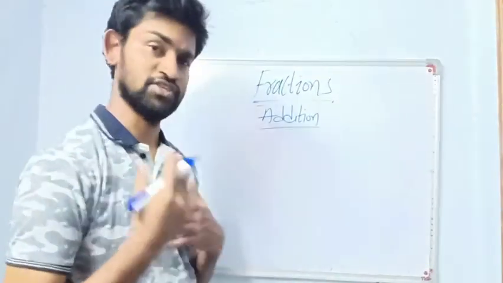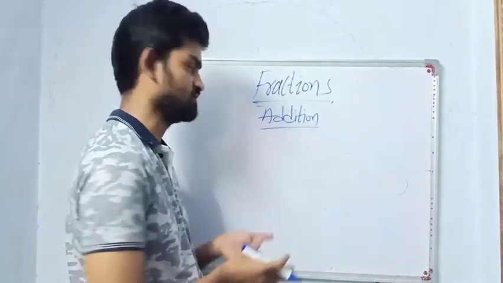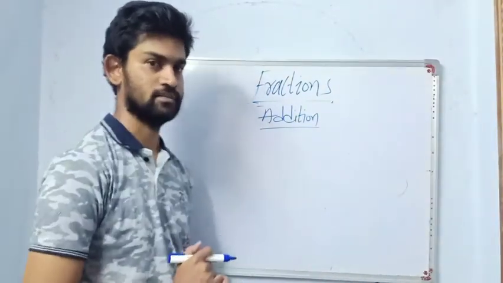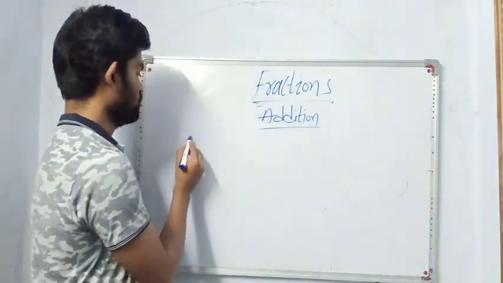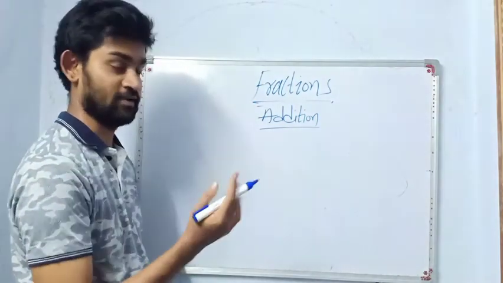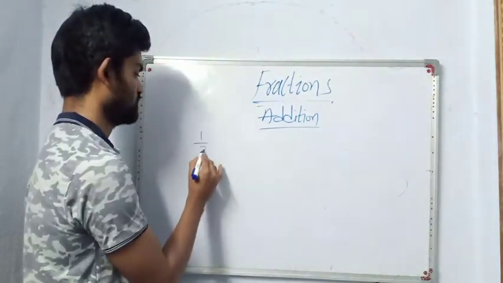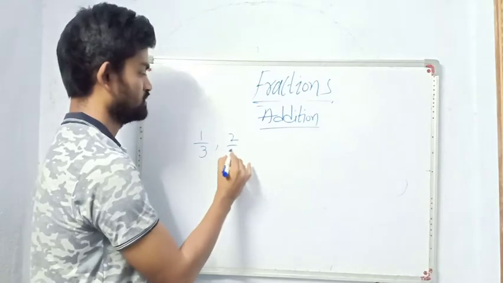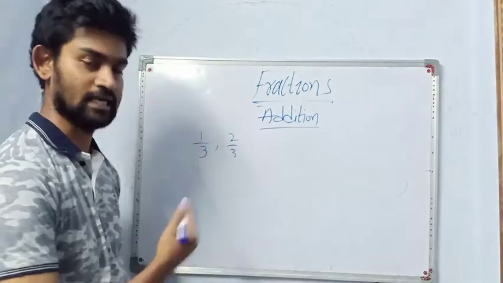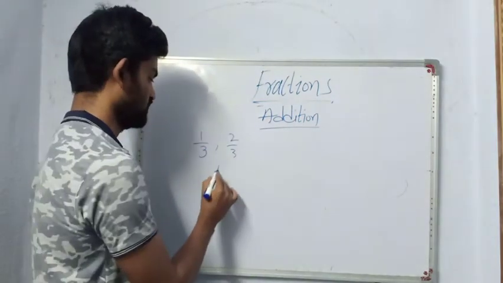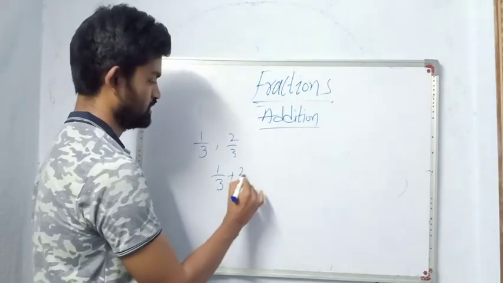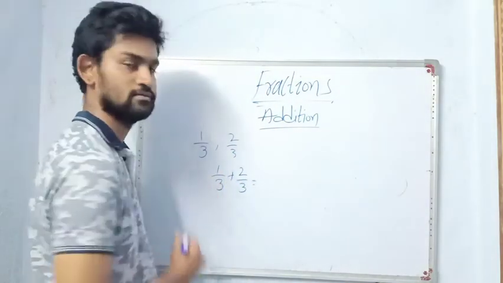Now we'll see operations on fractions. First operation we do is addition. First we'll add like fractions. These are the two fractions given. It is asking to add. So what we will do? 1 by 3 plus 2 by 3, we'll write.